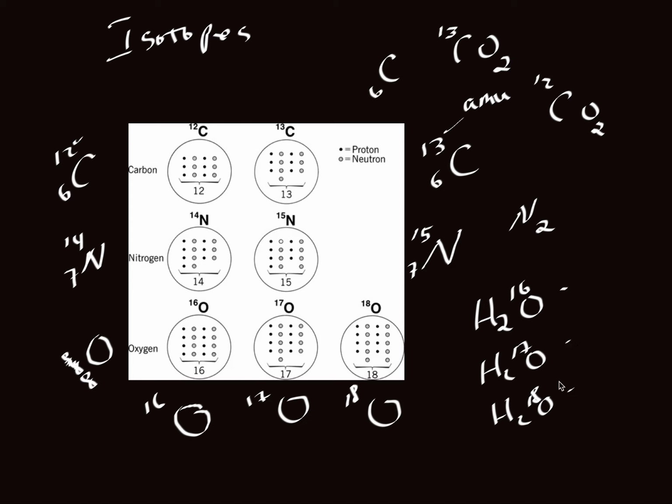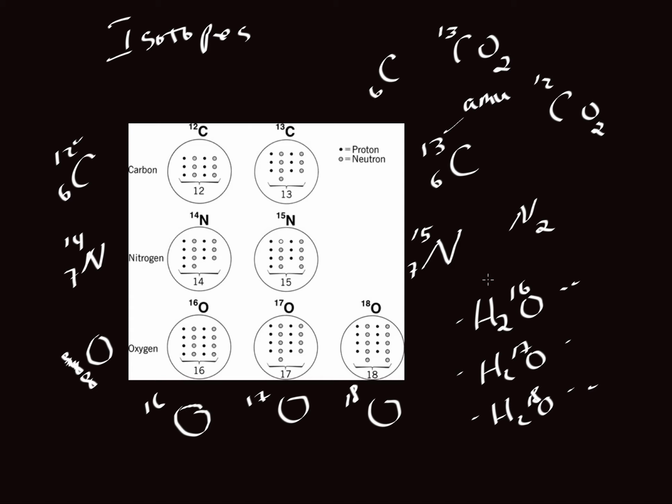None of them are radioactive, so it won't really matter to you. This is just a little bit heavier than this guy, but it'll work the same way. If you're worried about being hydrated after a workout, you can drink any of these and you will be just fine. Your body will treat it the same way. It doesn't know and it doesn't care. So the way it works in both chemical reactions and biochemical reactions, it's all going to be the same.